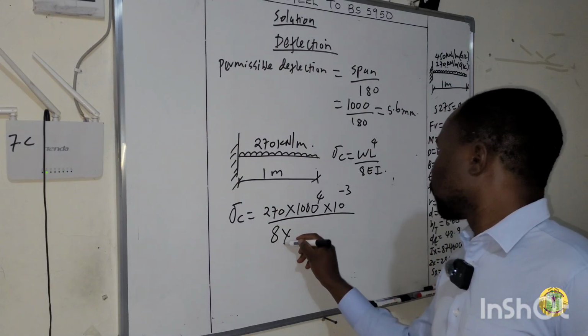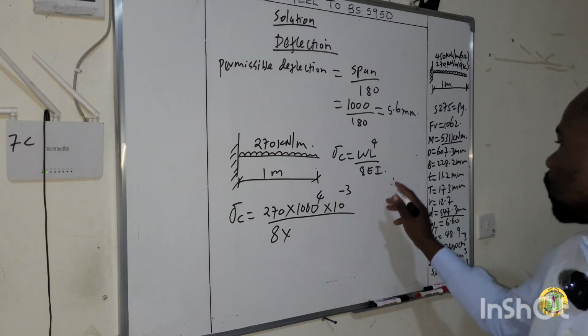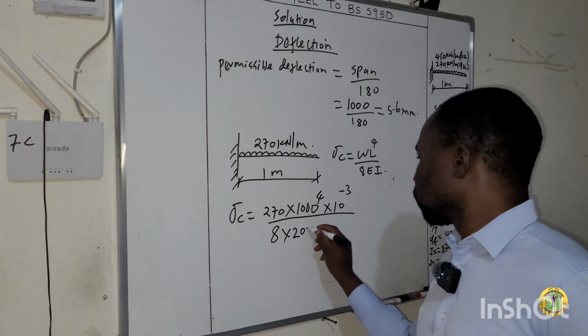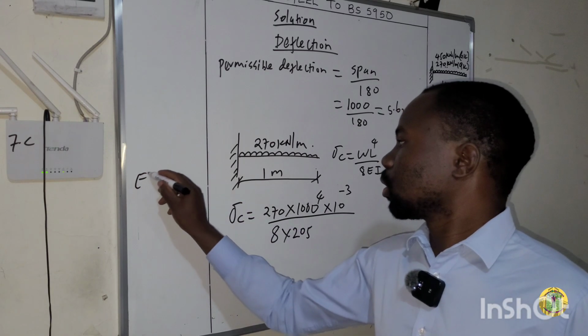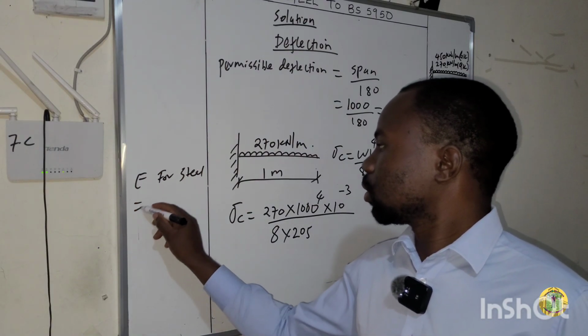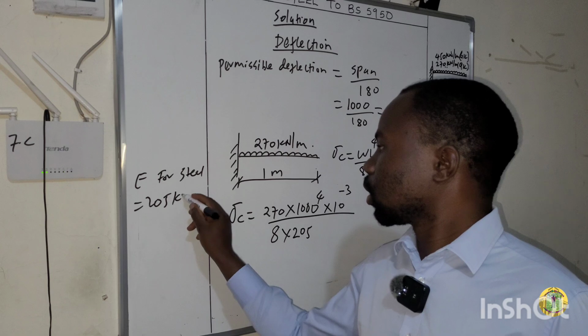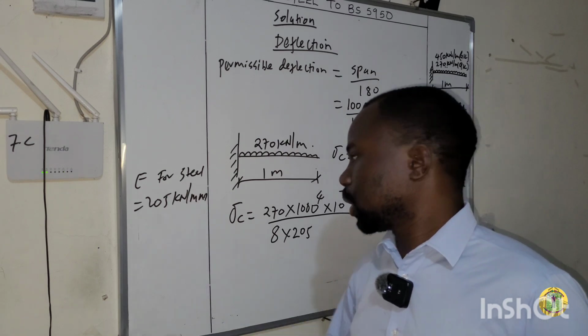8 times E. I said earlier, E for steel is always 205 kilonewton per millimeter squared. So always remember this, always.